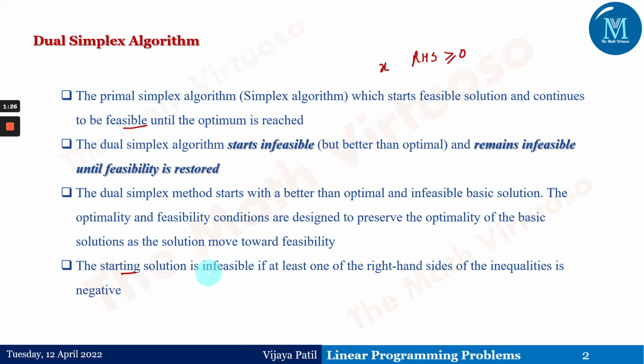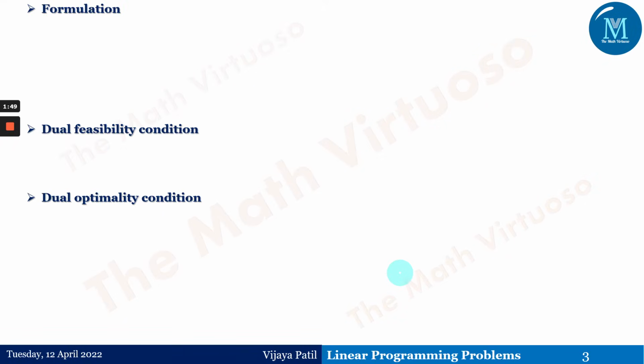For the dual simplex, we always start with an infeasible solution if at least one of the RHS, or the right hand side of the inequalities, is negative. So this dual simplex method will come into existence only if a few of the RHS values of these particular inequalities are negative.